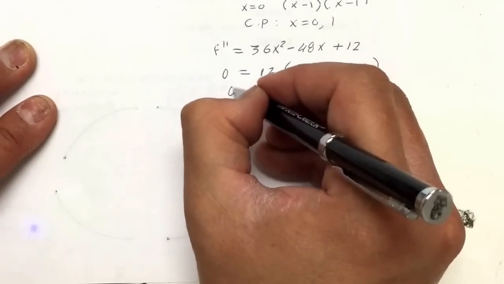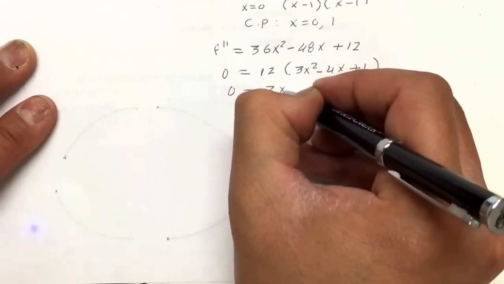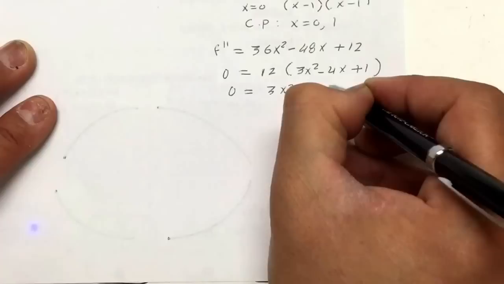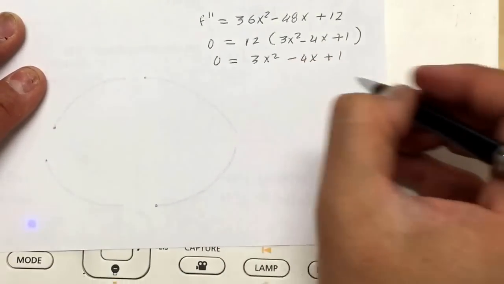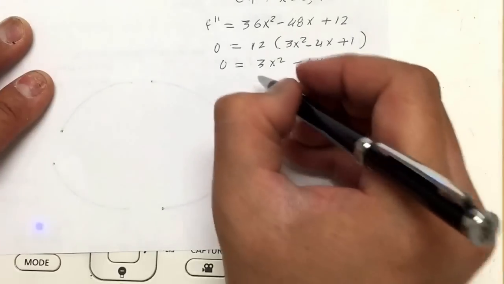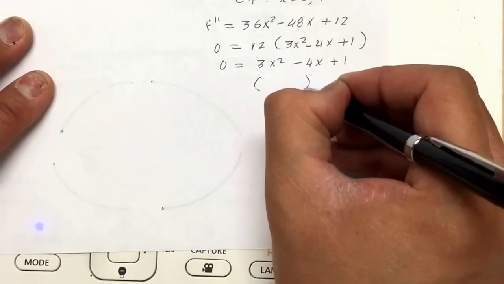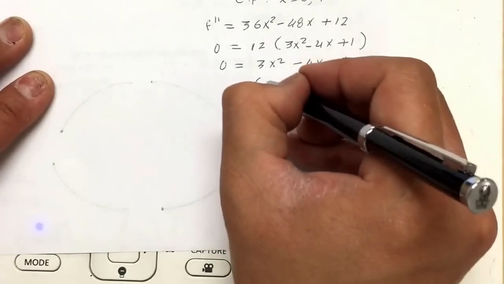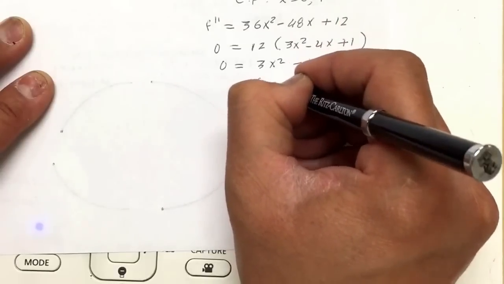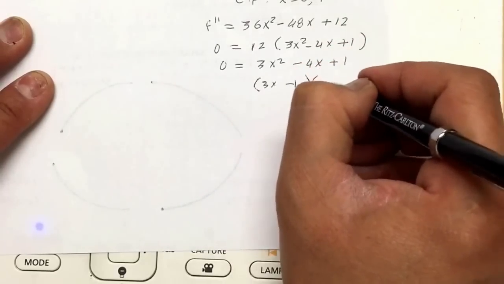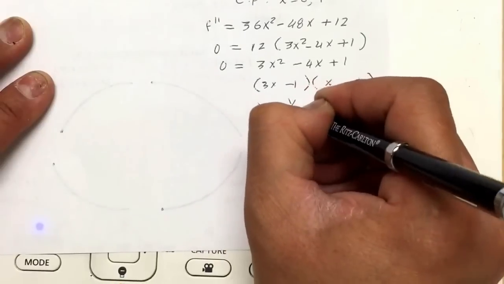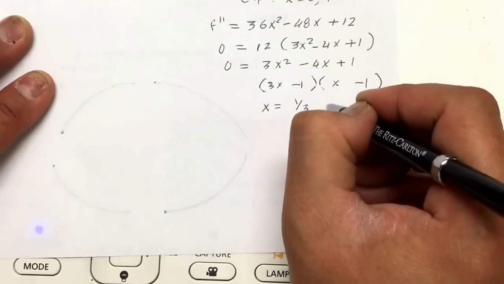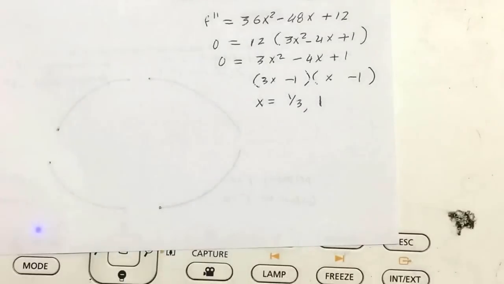We can throw the 12 away because if we divide both sides by 12, it disappears. Factoring this trinomial will give us 3x minus 1, x minus 1. So our possible inflection points are going to be 1/3 and 1.